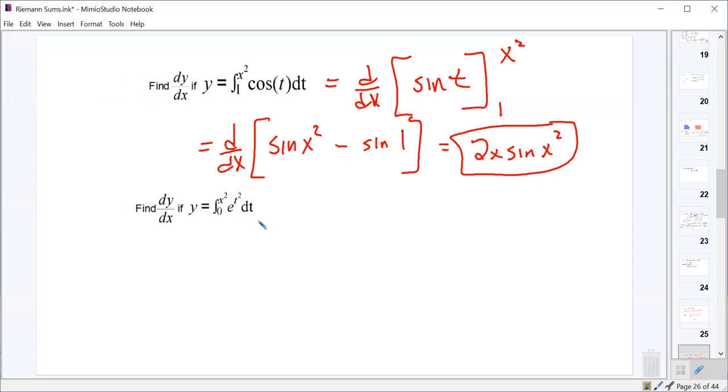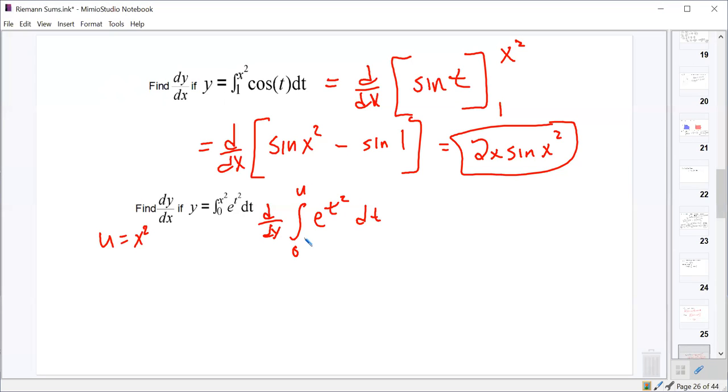Sometimes I'll write this out as let's convert this into an integral from 0 to u of e to the t squared dt, and take the derivative with respect to x of that, with u equal to x squared, right?